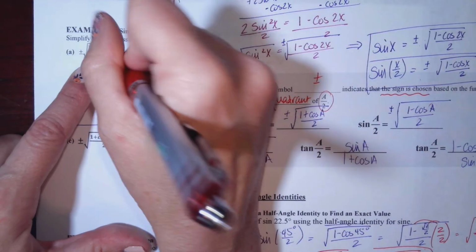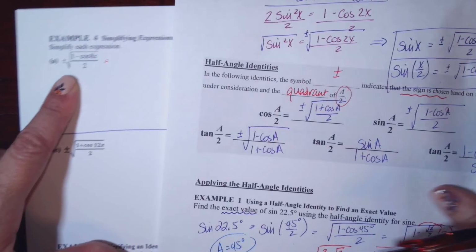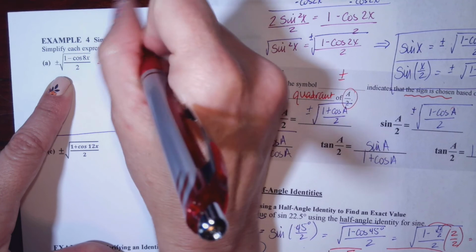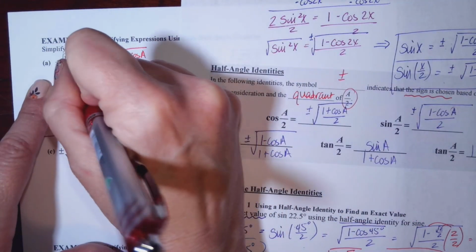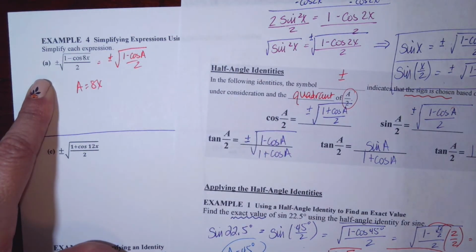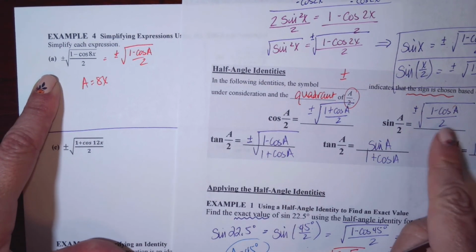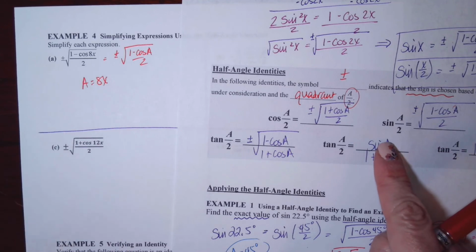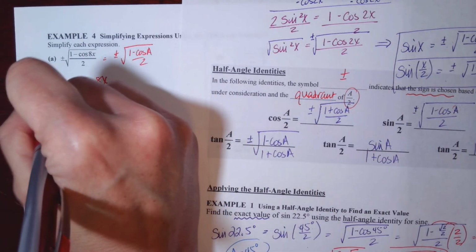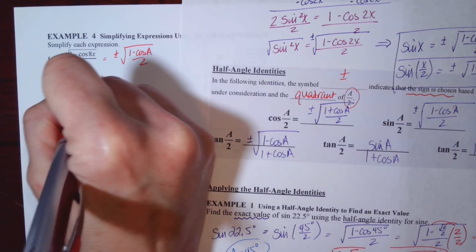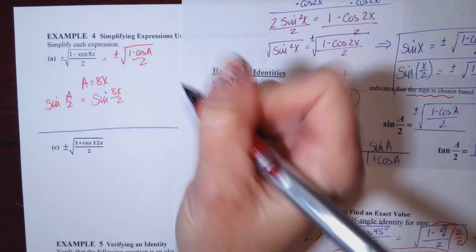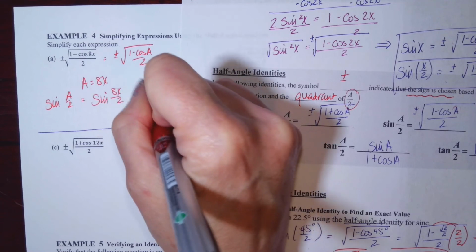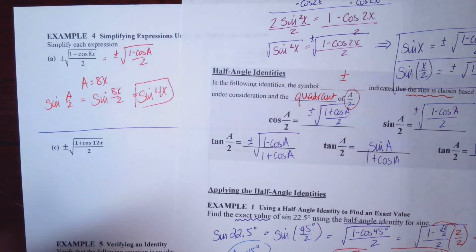So this is the same thing as saying plus or minus square root of 1 minus cosine a over 2, where a is 8x. Well, that's my right side. The left side, sine of a over 2, where a is 8x, means I have the sine of 8x over 2, which simplifies to be 4x. And that's all we've been asked to do there.